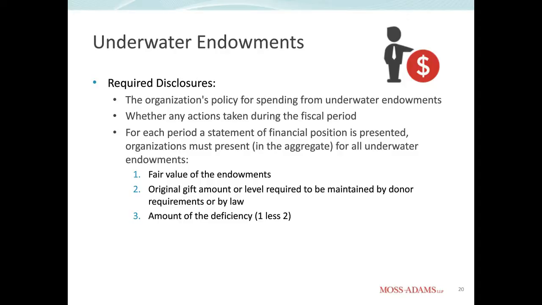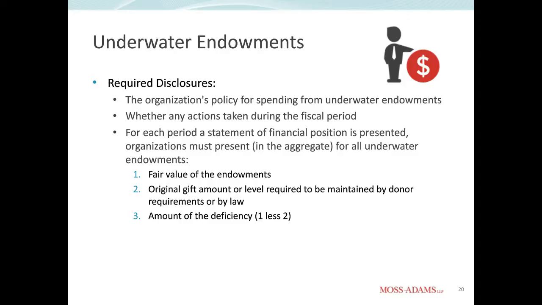And then for each period a statement of financial position is presented, you do need to include the fair value of any endowments that are underwater, the original gift amount that is to be maintained by the donor, so that original corpus of those underwater endowments, and then the difference between those two amounts, which would be the amount of the deficiency of those endowment funds. So this is just, again, providing readers of those financial statements the value of those underwater endowment funds, and the amount of the loss related to those.